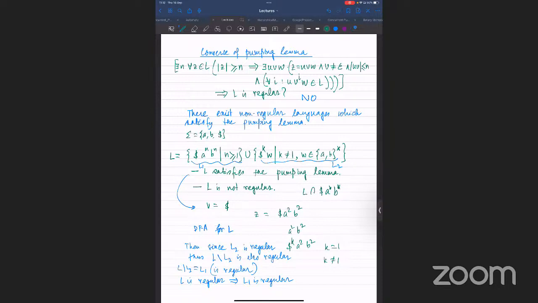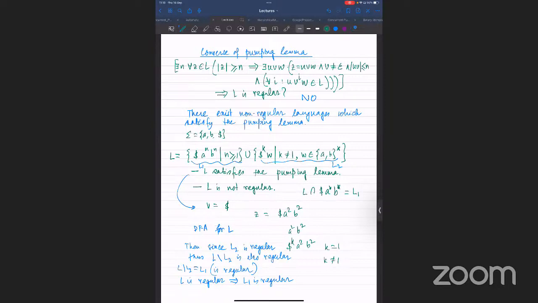L intersection dollar A star B star. So this is L1, right? Because there is a single dollar only in L1, but a single dollar doesn't exist in the other part. So now you have got L1 and you have to show that L1 is non-regular, right?